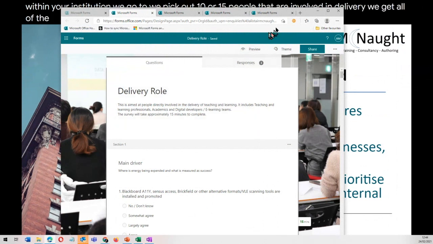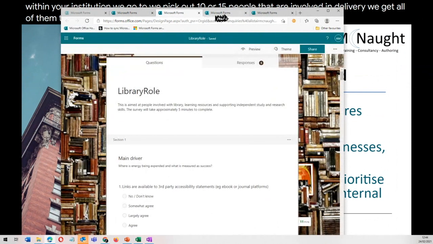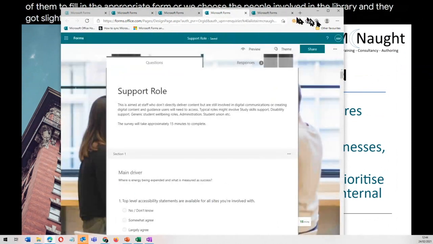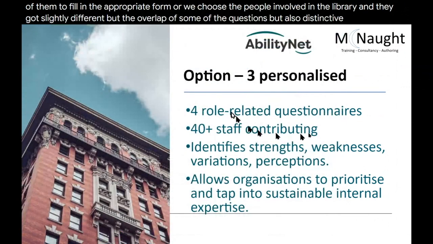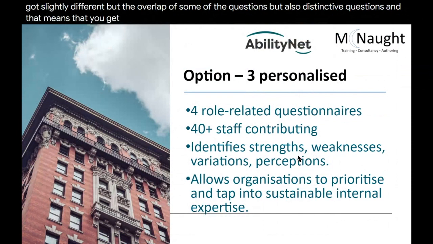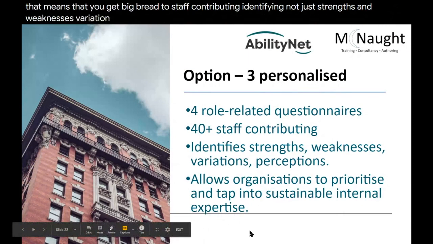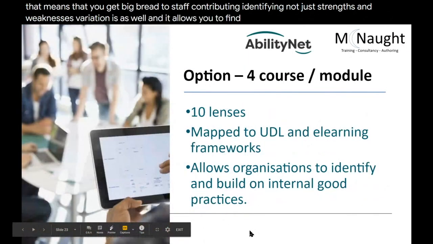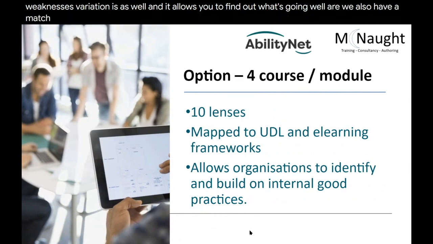We get all of them to fill in the appropriate form, or we choose the people involved in the library. They've got slightly different forms. There'll be overlap of some of the questions, but also distinctive questions. And that means that you get a big breadth of staff contributing, identifying not just strengths and weaknesses, but variations as well. And it allows you to find out what's going well. And we also have a module level one for courses, which is based on different lenses.